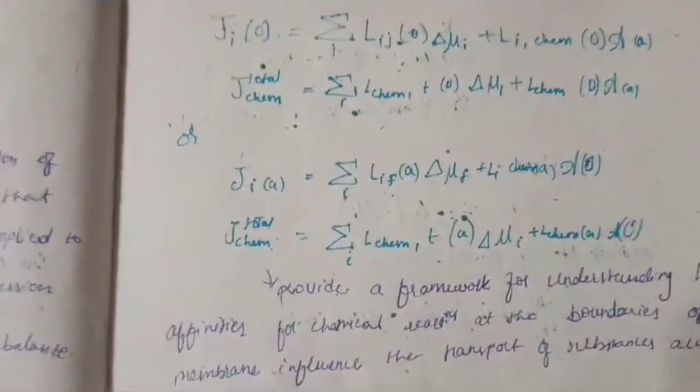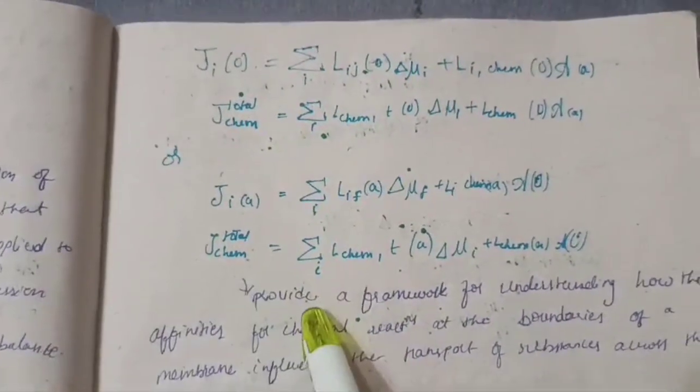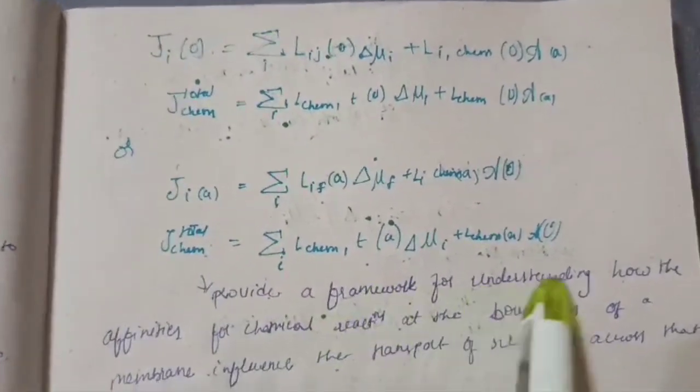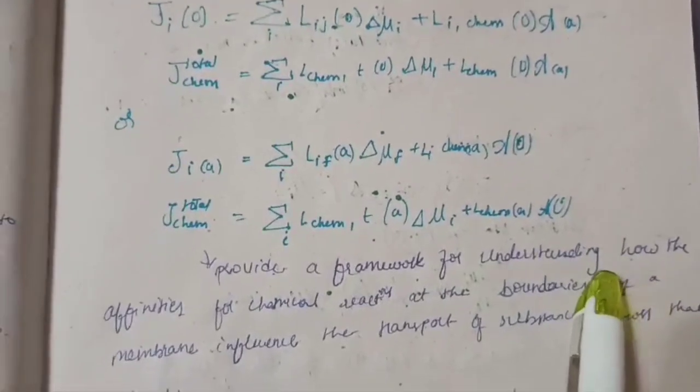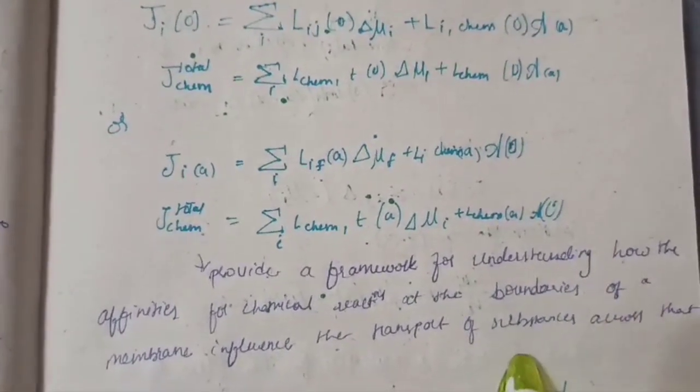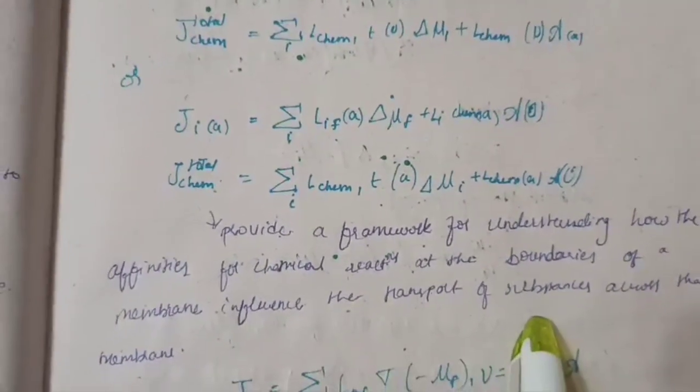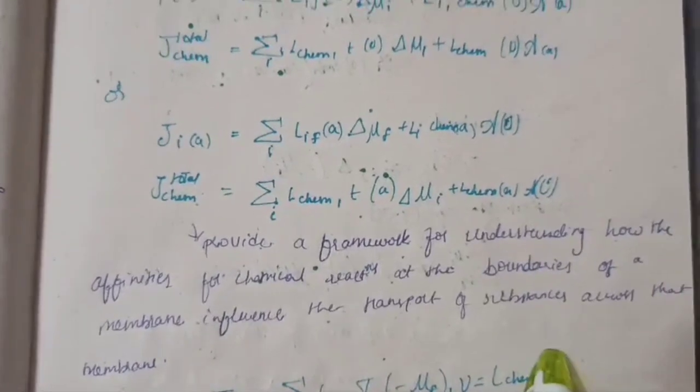Later, the next equation provides a framework for understanding how the affinities of chemical reactions at the boundaries of a membrane influence the transport of substances across the membrane.